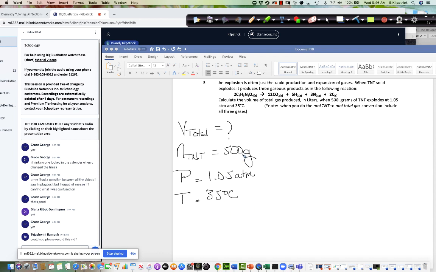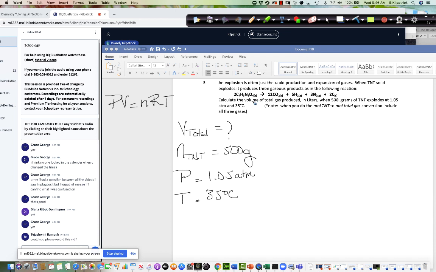All right, so you have an amount of TNT, and then you're looking for the total volume of all three of these gases. So you know that you have to have some form of stoichiometry here because you're given an amount of something. You're asked to go to something else. And if you're looking at the ideal gas law, you cannot plug in this because it's a solid.